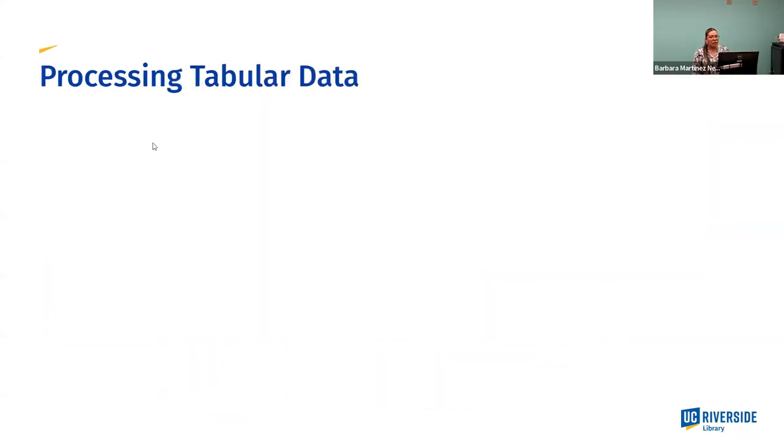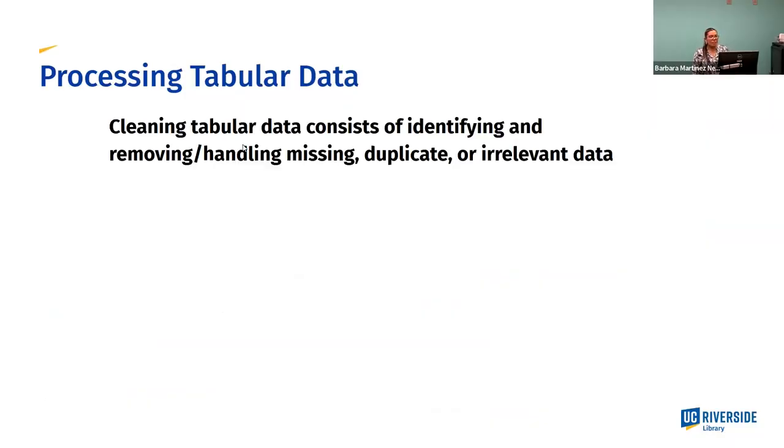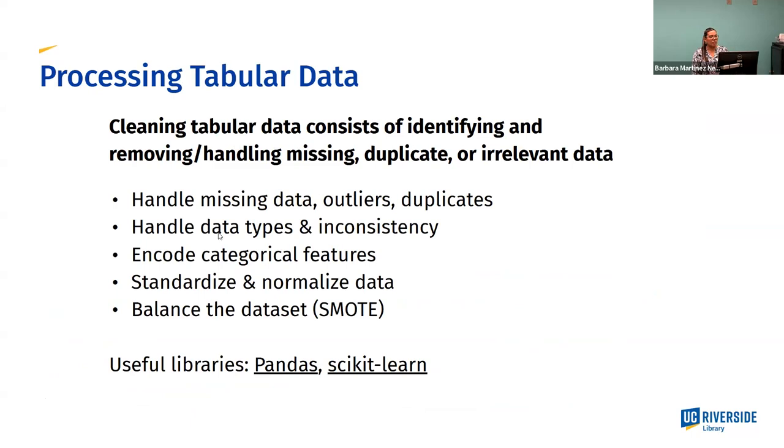When you process tabular data, particularly for machine learning, we need to make sure that we're removing or handling missing, duplicate, or irrelevant data. So I have here a brief list of some things you can consider. The more common ones, which are also used for non-machine learning, I would say, are these first 2 or 3, where you are handling missing data, outliers, duplicates.